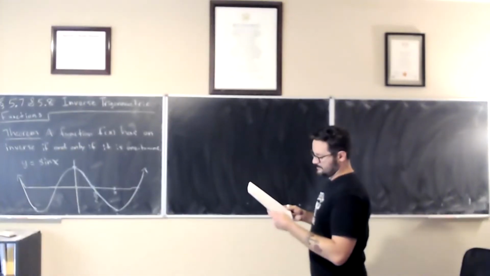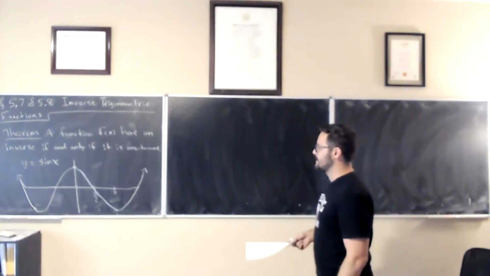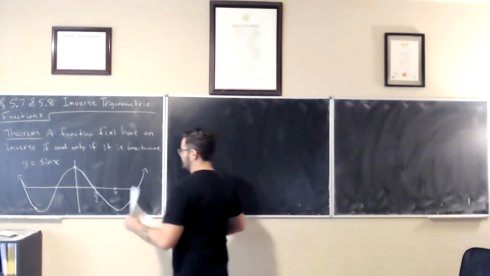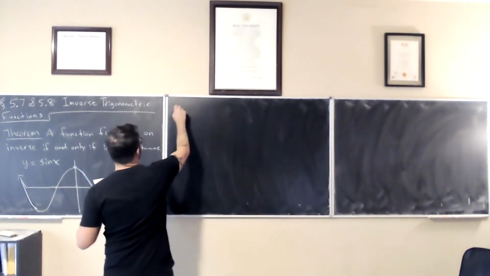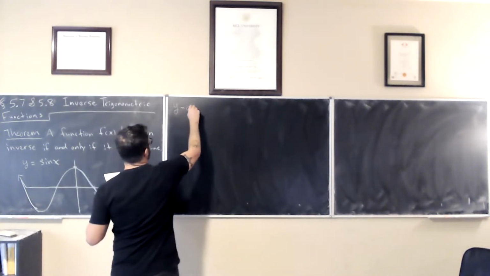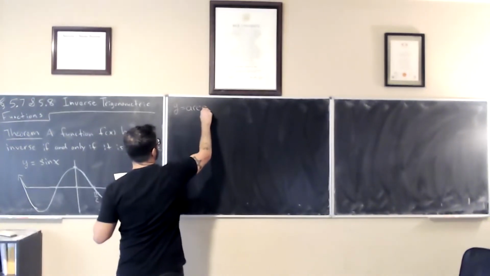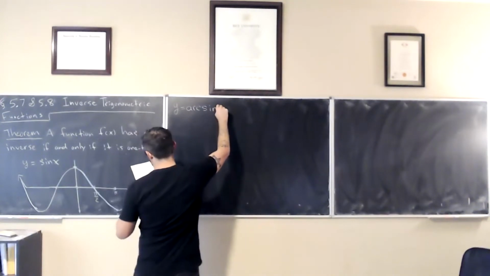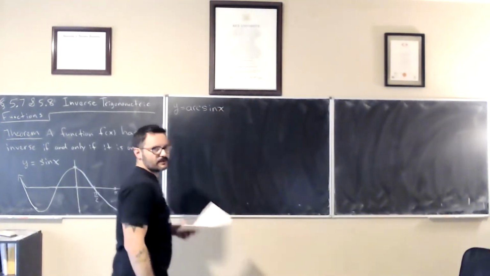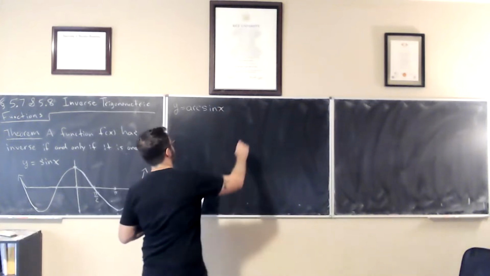So, this is just a mess of a thing for me to write down, but we define these as follows. So we're going to say the arcsine is the inverse function of sine.